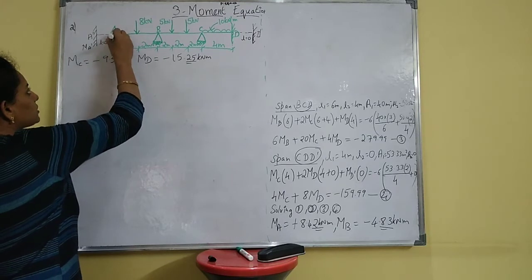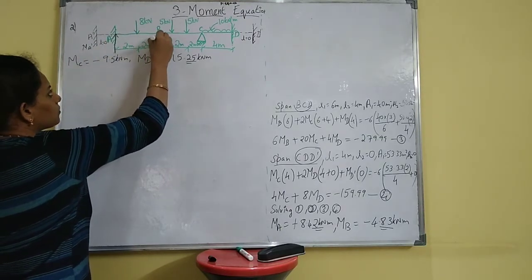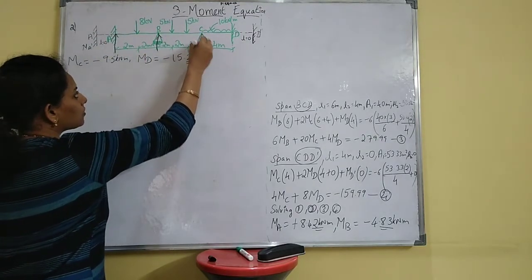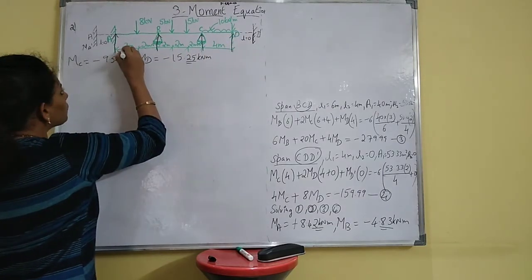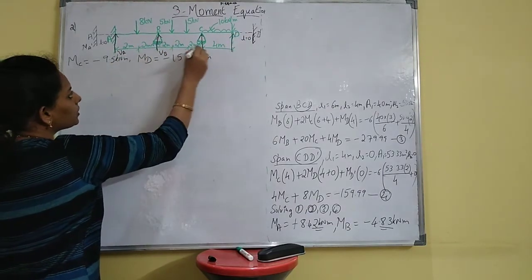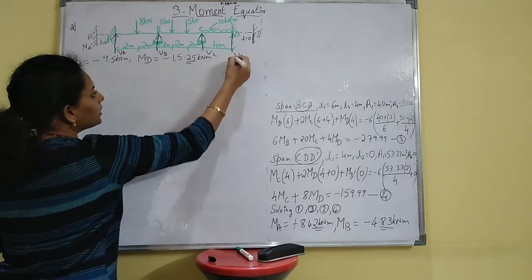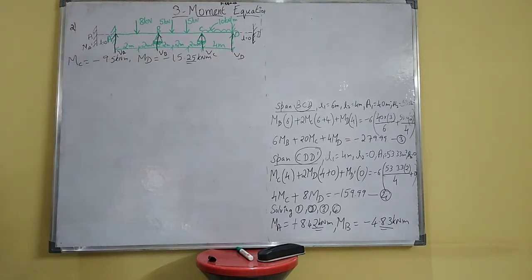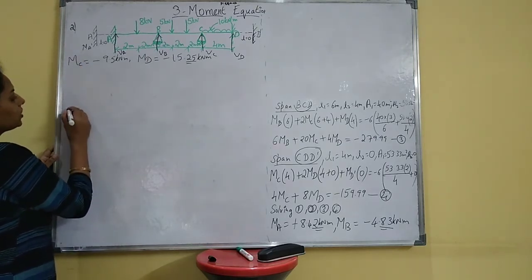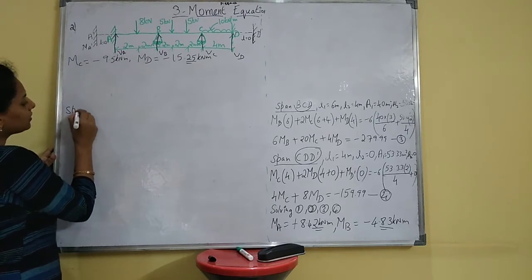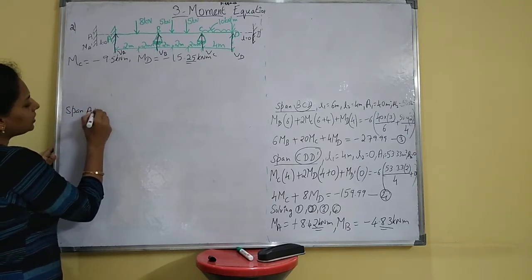Okay, the next step is to find out the reactions. So the reactions are VA, VB, VC and VD. Next you can draw the BMD or SFD, whatever is asked in the problem. So first, to find out the reaction, consider this span AB.